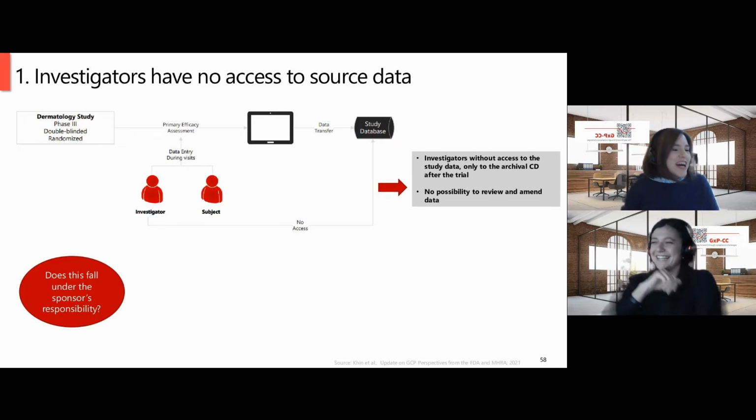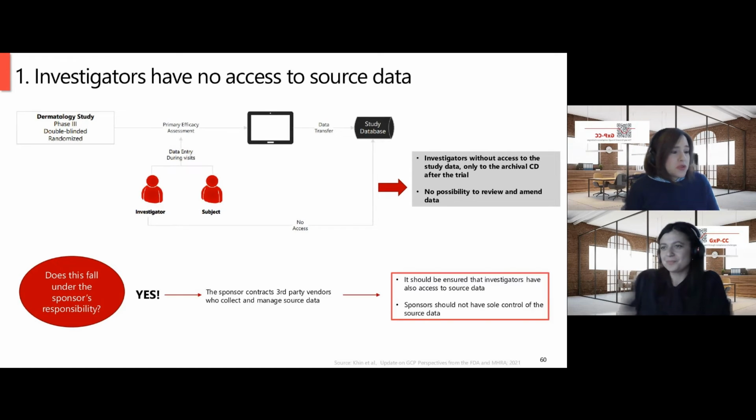So the answer is yes. Of course, yes. The sponsors have to enable the investigators to have access to the source data at all times. So they should also, as expected by ICH GCP, not have the sole control over the source data.